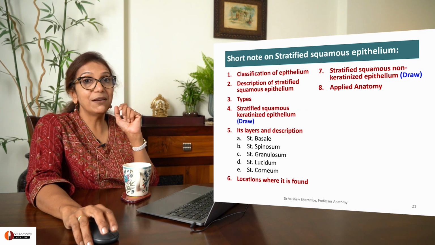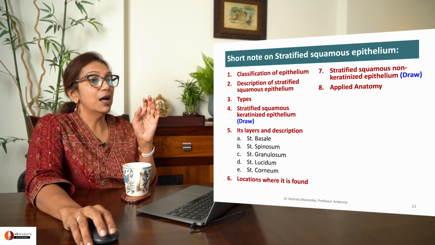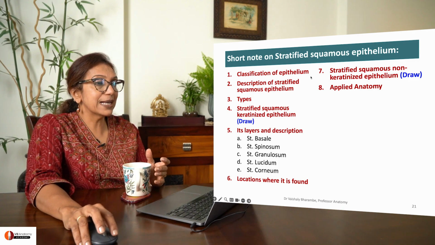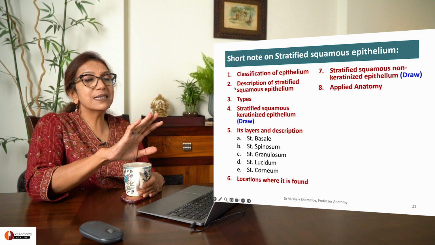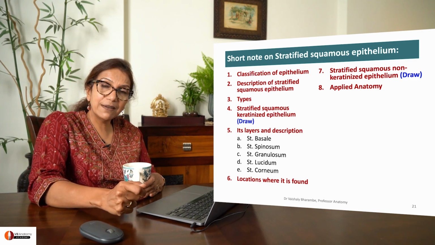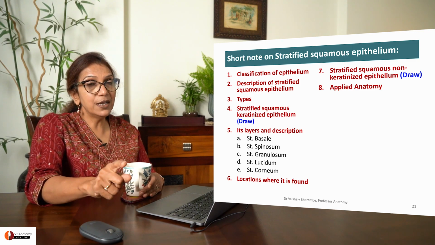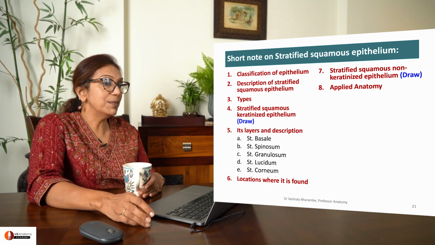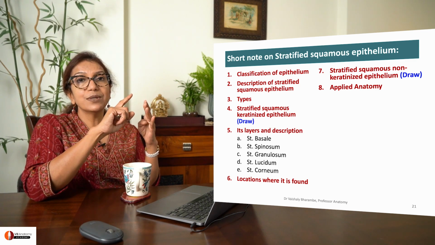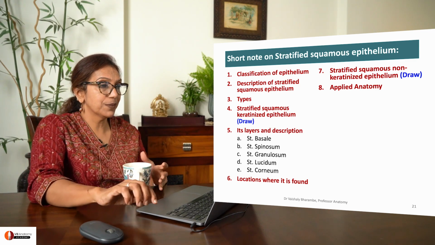So students, what have we learnt? We have learnt about stratified squamous epithelium. Initially, we just classified the epithelium and described its basic features. Then we began to talk about keratinized epithelium. If you are writing a note, first draw the epithelium, then discuss each layer: basale, spinosum, granulosum, lucidum, and corneum.